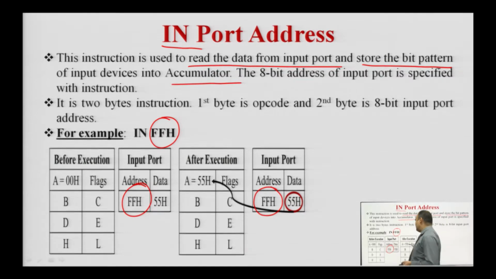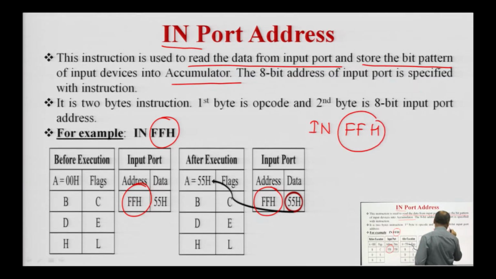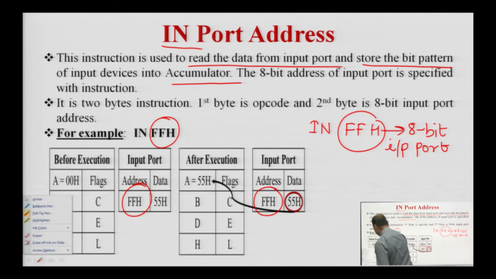Let us see an example of this instruction, IN FFH. IN is the operation code of this instruction. The port address specified with the instruction is FFH, which is the 8-bit input port address.